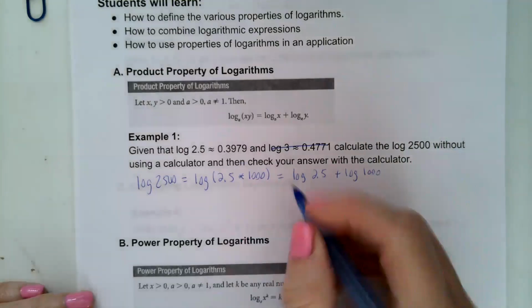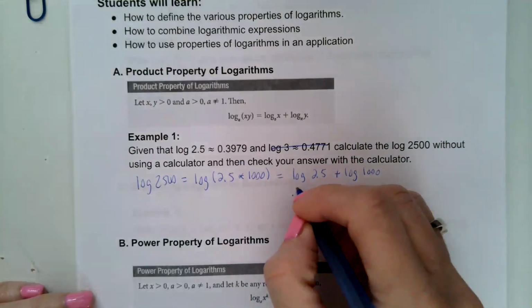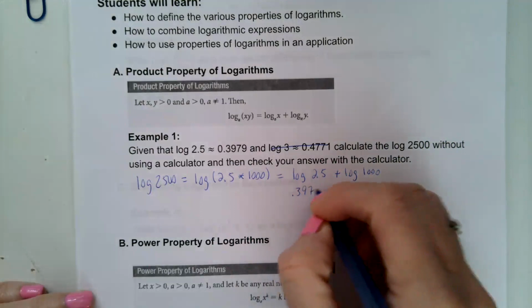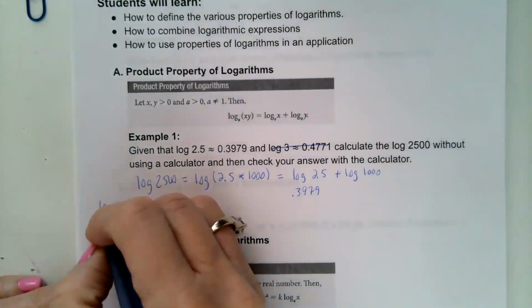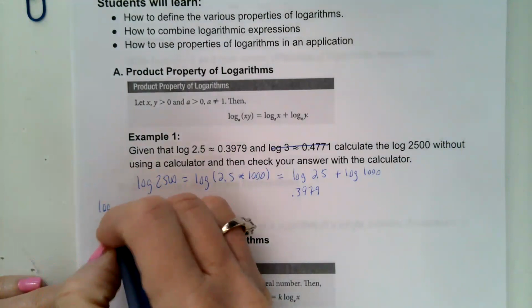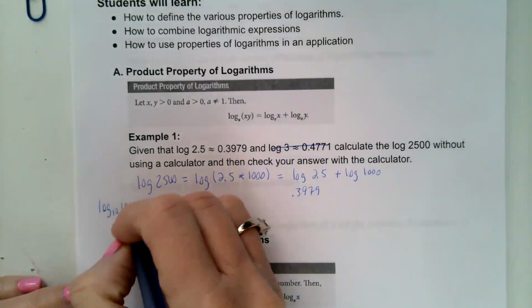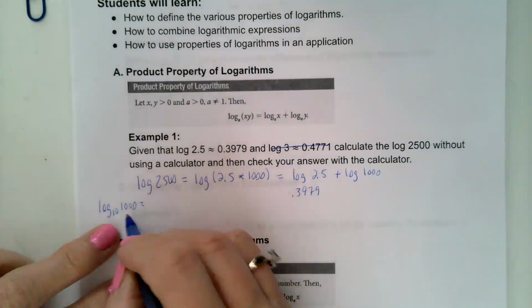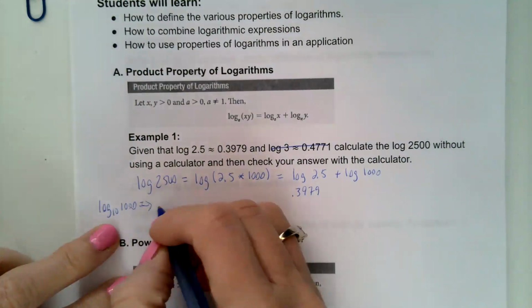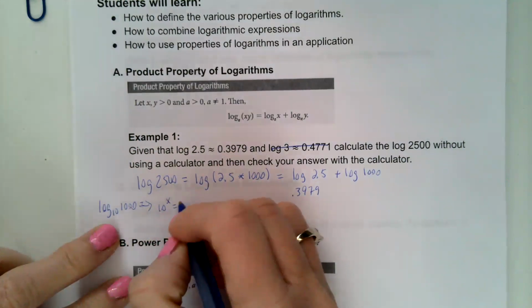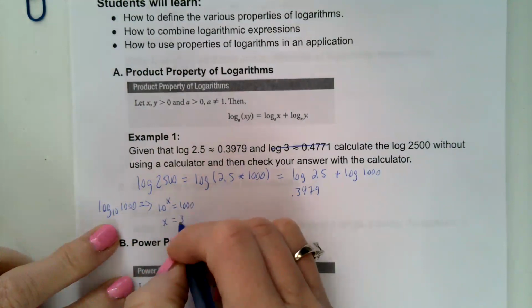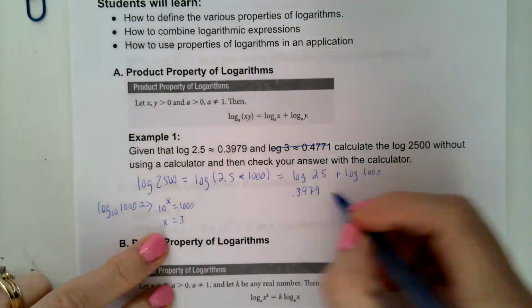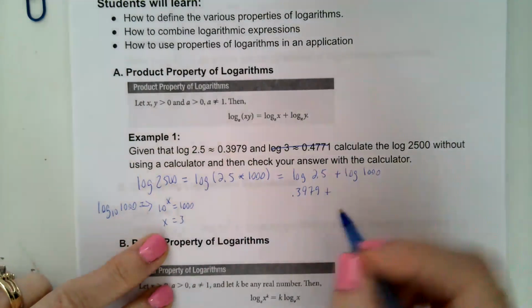Now we know that they gave us log of 2.5 is approximately 0.3979. And then log of 1,000 off to the side here. Remember, log is the log base 10. So this is the same as saying 10 to the what value gives me 1,000. And that is when x equals 3. So the log of 1,000 is 3.